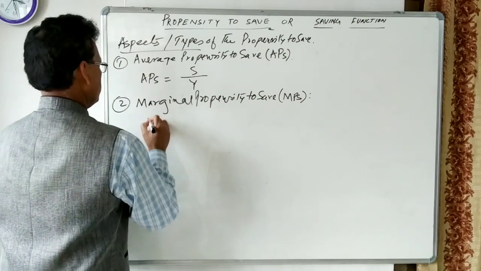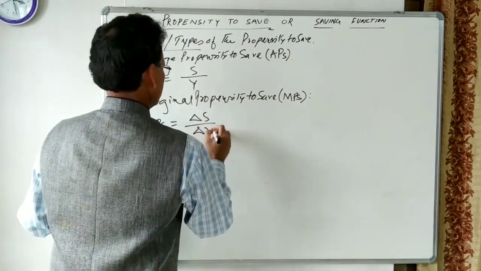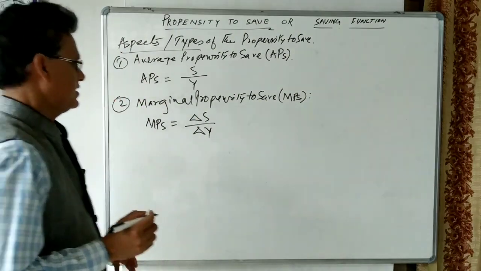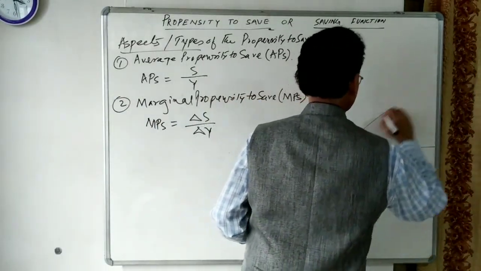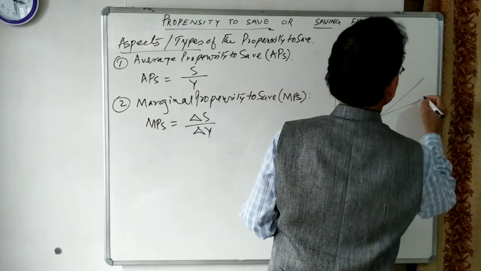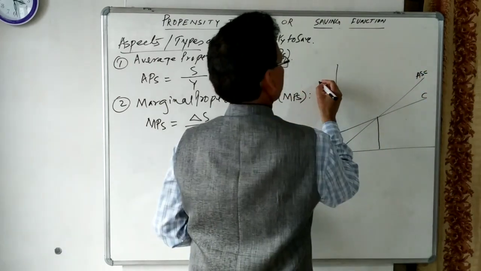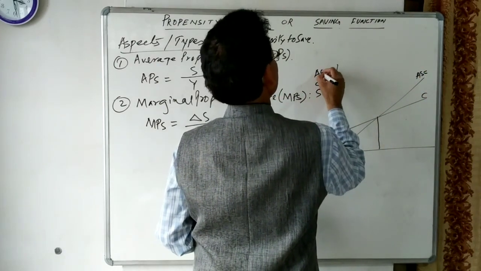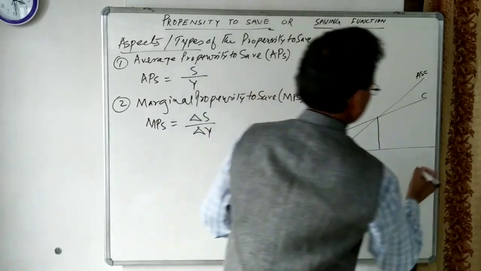It means marginal propensity to save is equal to change in saving divided by change in income. Let us take this. We can check this equation: this is the saving, this is C, this is AS. Here we can take consumption, saving, aggregate supply, and this is income.